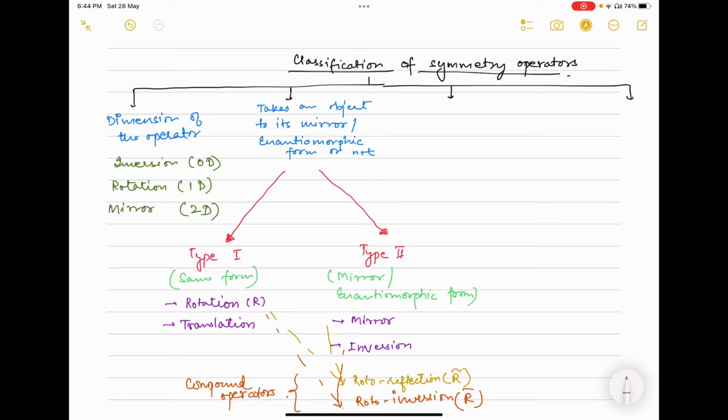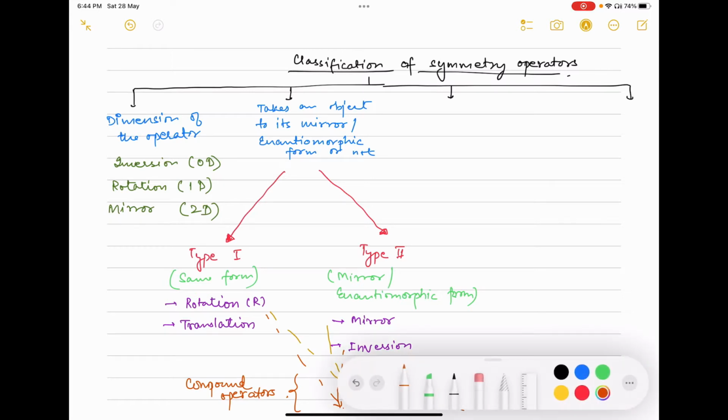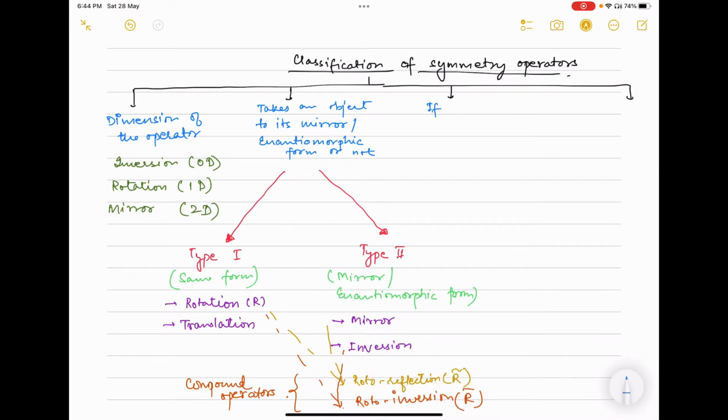Now let us move to the next classification, that is if the operator leaves at least one point unmoved.